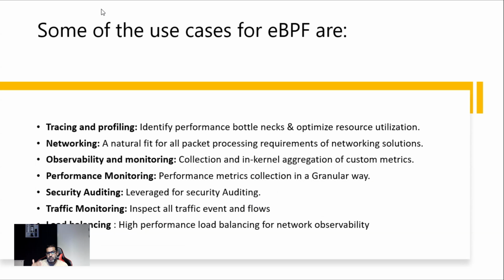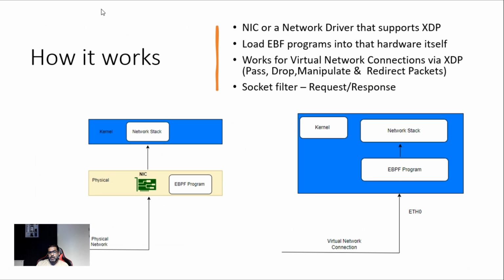You will be able to inspect all the traffic and take decisions based on the traffic that's been received. Then there's load balancing, high performance load balancing for network observability. We already talked about the Katran load balancer from Facebook, one of the classics.